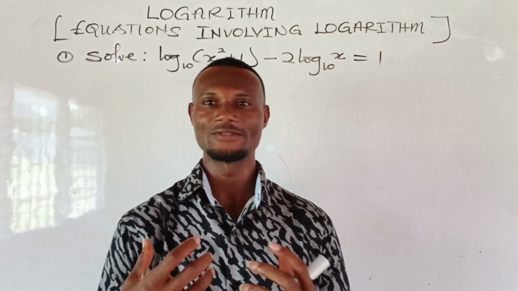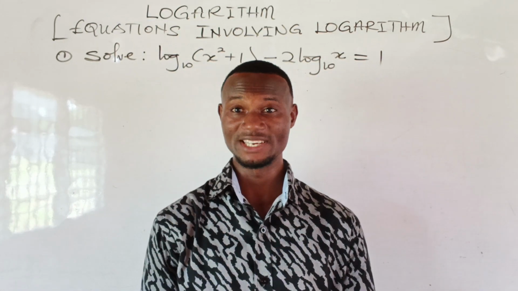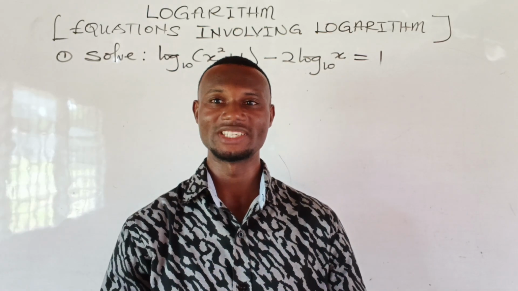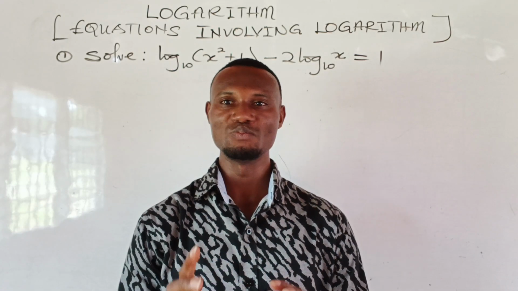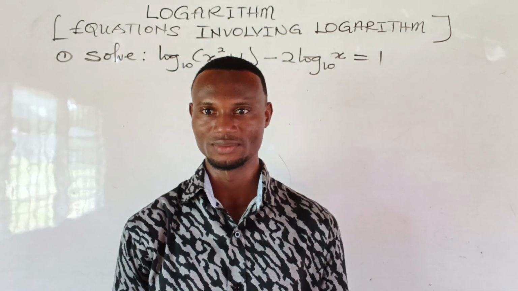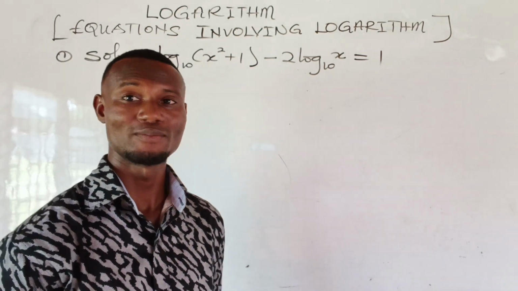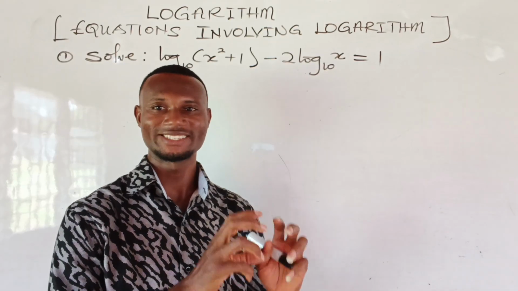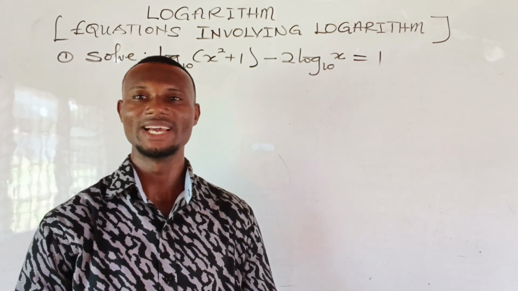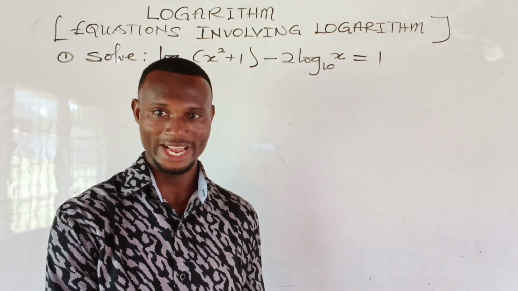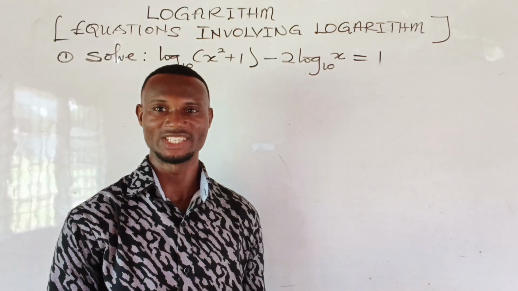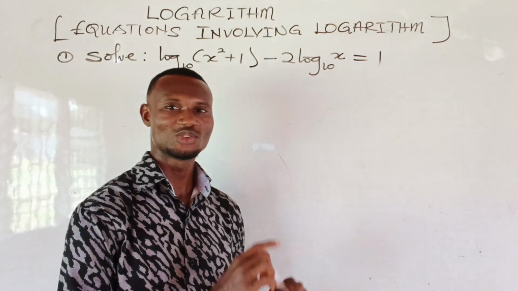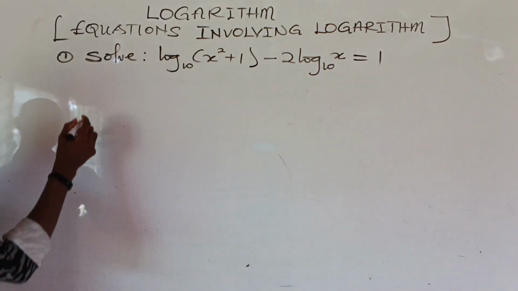Solving for the value of s in any given equation, or solving for any variable in a given equation, simply means that you have to make that variable stand alone. In this case, the variable that we are supposed to solve for is s. So we are just going to make s stand alone in the equation, and that will give us the value of s, and that is us solving the equation. I hope you understand up to this point. So let's go ahead and solve it together.